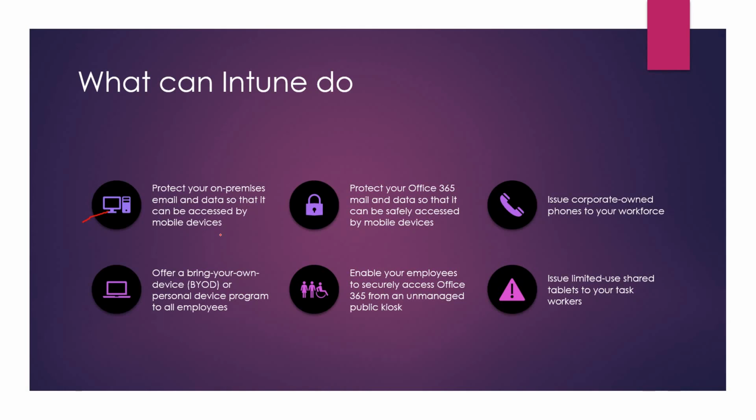So let's say that we have our own Exchange servers on-prem, which is hosting the mailboxes of users. Now we want to make sure that when the end users are trying to access the emails outside the organizational premises, they should still be able to access the emails securely. So we don't want to limit the access of the end users to the corporate data from the corporate devices only.